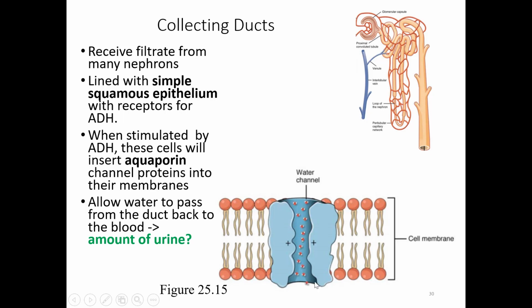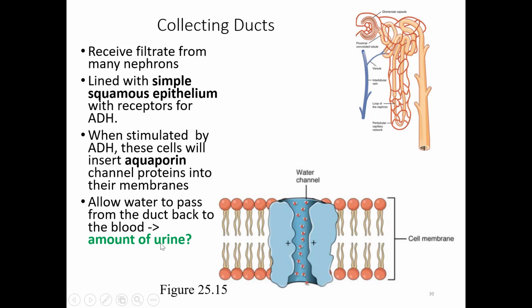They can be present there or they can be removed by the nephron. So when antidiuretic hormone, ADH, is produced, the cells will put in aquaporins and open them, and water can be reabsorbed back from the collecting duct into the blood. So the liquid part of urine, water, will be reabsorbed back.